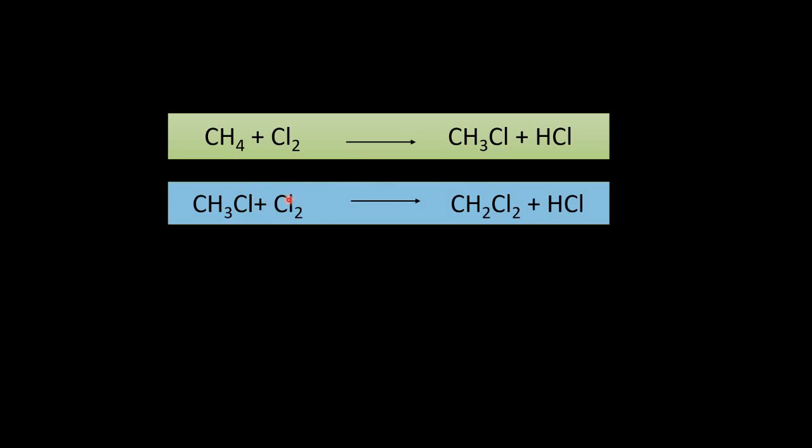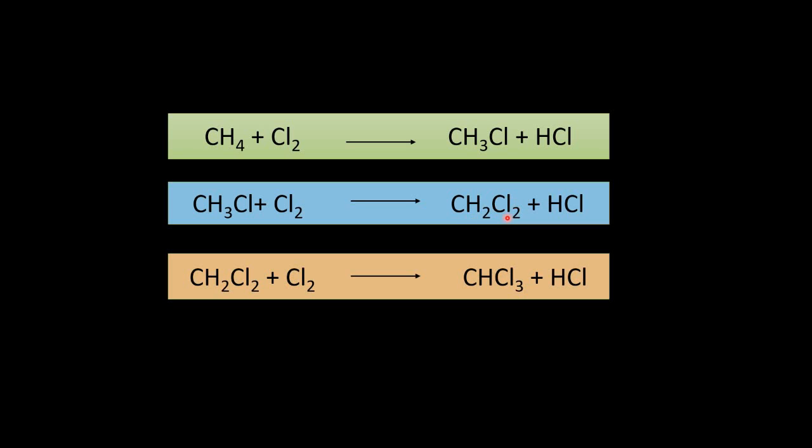The change is similar to the first reaction, removal of one hydrogen and one chlorine and making hydrochloric acid with dichloromethane. This dichloromethane will again undergo chlorination to form trichloromethane and hydrochloric acid.